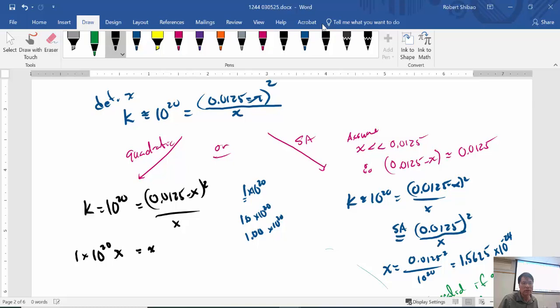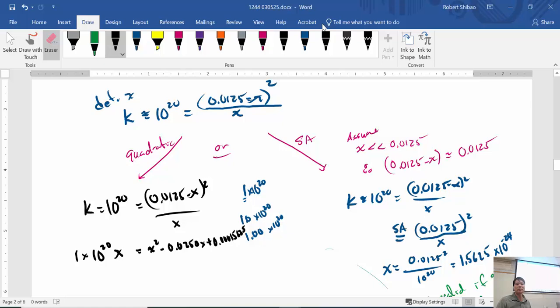This is going to come out to x squared minus 0.0250x, and then what's 0.0125 squared? 0.0125 squared equals, this is going to be plus 0.000015625.